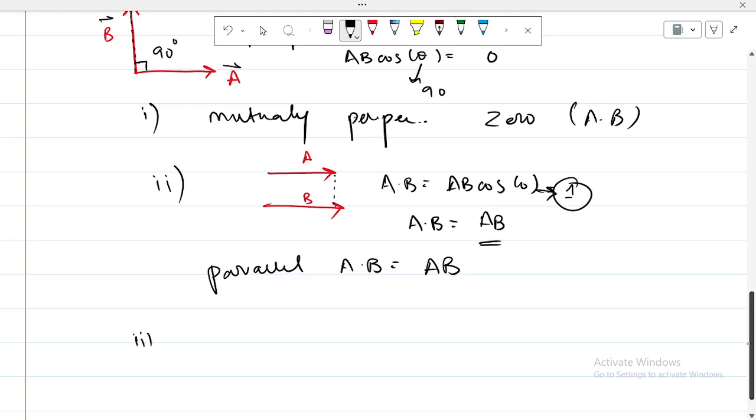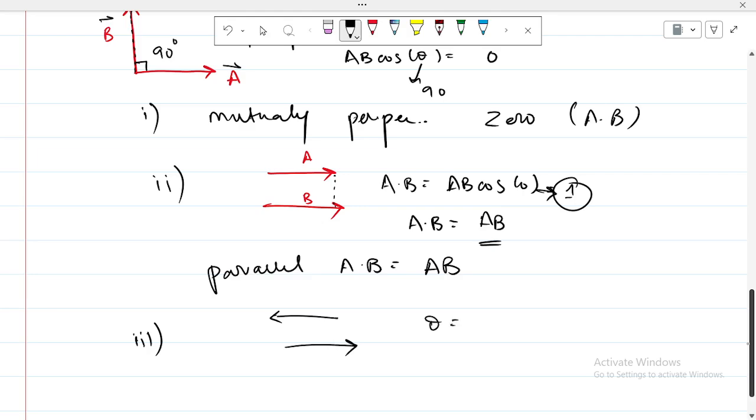The third property that we have is just the opposite case, the anti-parallel case, like we did in part 2. So in this case, if we have B this way and A this way, the angle between them is 180 degrees.